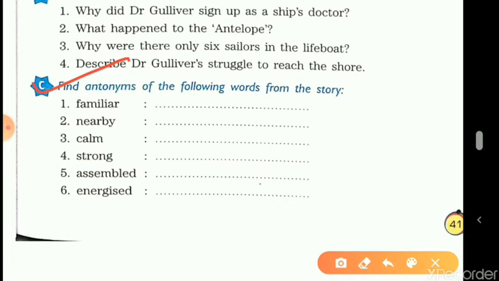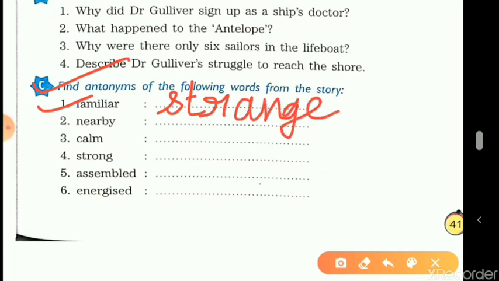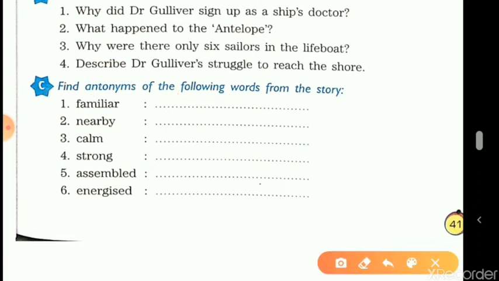Now, the first word, children, is familiar. The antonym of familiar is strange. Strange, familiar, familiar, strange. Now, the second word is nearby. And for nearby, there are two antonyms given in the lesson. One is far and the other one is distant.